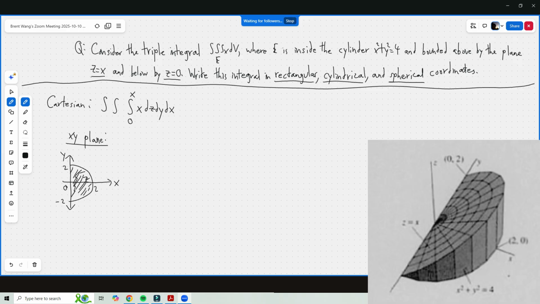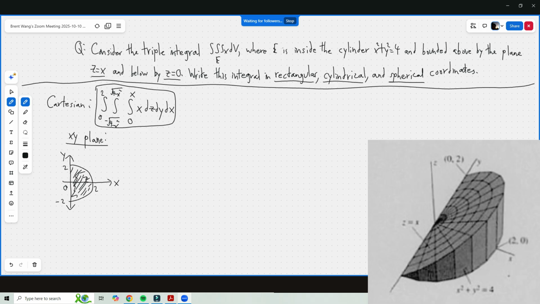So y goes from negative root 4 minus x squared to root 4 minus x squared, and for x it's 0 to 2. This is what we have for Cartesian coordinates.